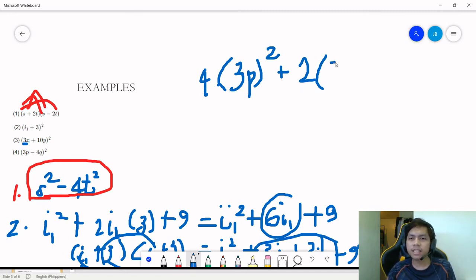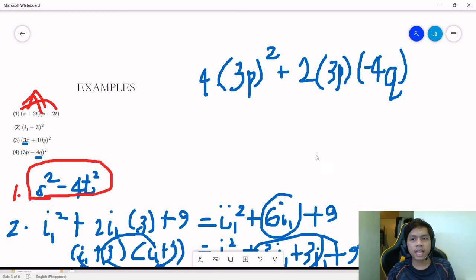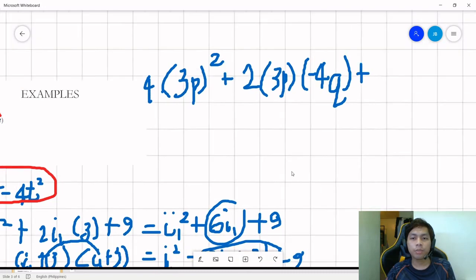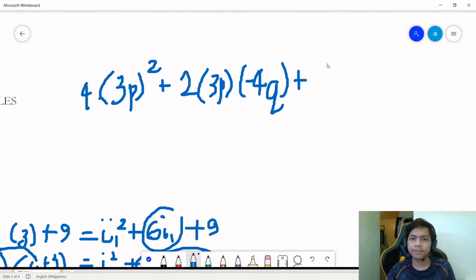Ganito ang gagawin natin. So, plus 2 times 3p times yung y niya is negative 4q. So, magiging minus yan siya later. That's why ginawa nating minus kanina. Right? So, that's times negative 4q plus negative 4q squared. So, magiging positive pa rin siya.